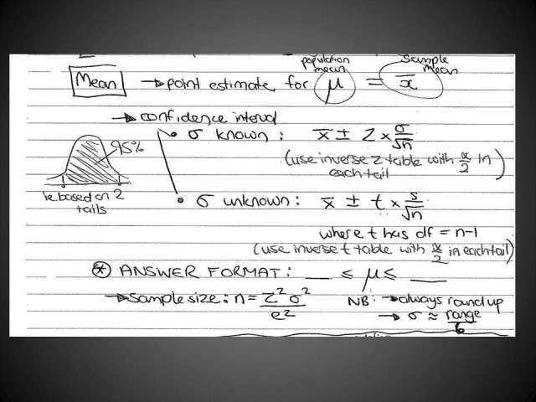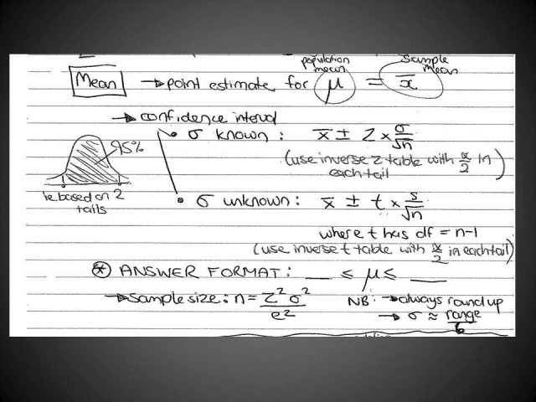So what's left over, in this case 5%, gets split between those two tails. So if 95% represents 1 minus alpha, alpha is 5%, but when you're doing confidence intervals, that alpha of 5% gets split between the two tails. So we'd have alpha over 2 in each of those tails, in this case 2.5%.